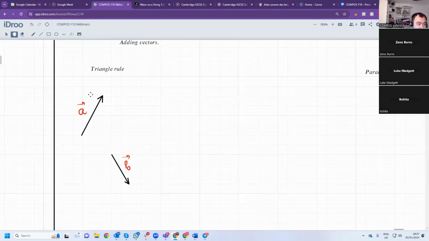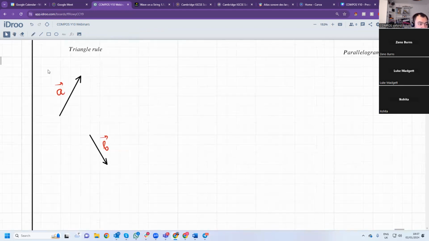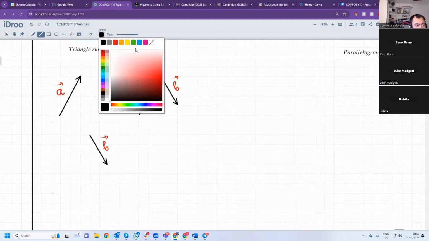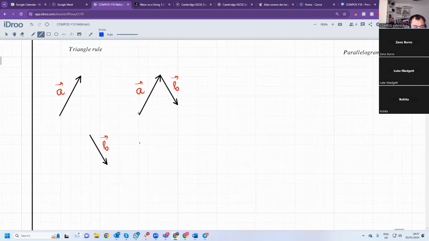To use the triangle rule, what you need to do is you take this vector, draw it like this, for example. You take a copy of this vector. You draw it from the tip of the first vector. And then you draw a vector from the beginning of the first vector to the end of the second vector, this vector.